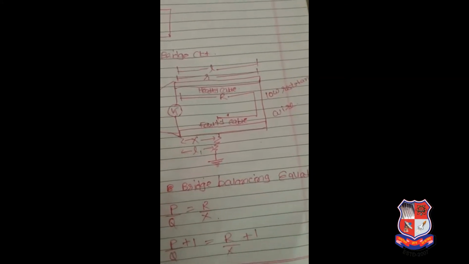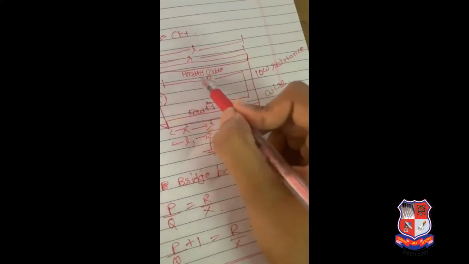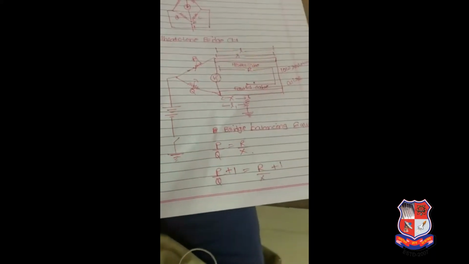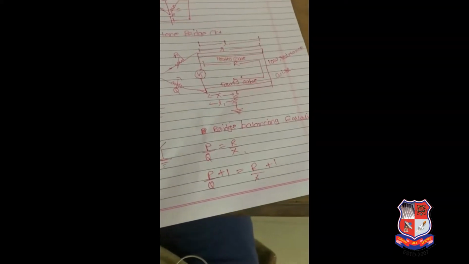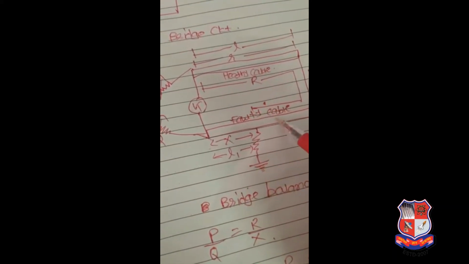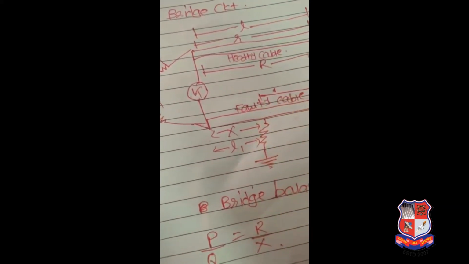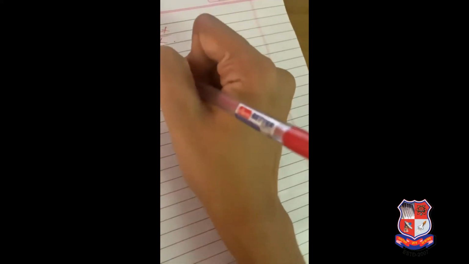So, what is R? It is the resistance of the healthy cable plus the faulty cable. This is the same resistance as small r, 2 times. So, we take R plus X is equal to 2r.